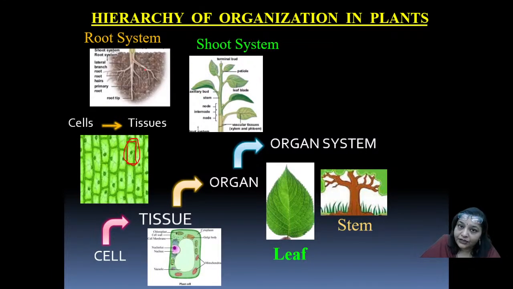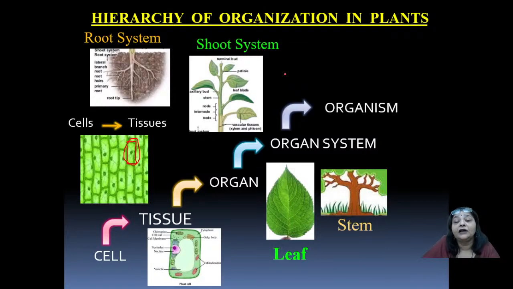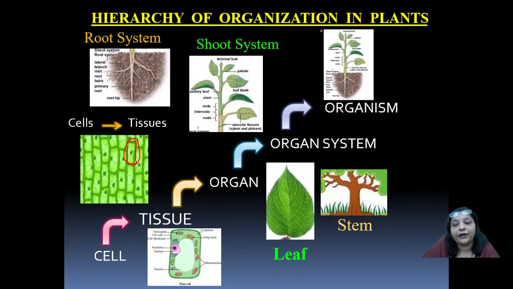So the root system and the shoot system are the two main organ systems of the plant, which together form the whole plant body, which we call the organism. So here you can see the whole organism, the whole plant with the shoot system and the root system below the soil. Okay, right. So this is the plant organism. It's a living organism, and we are going to talk about the plant tissues next.